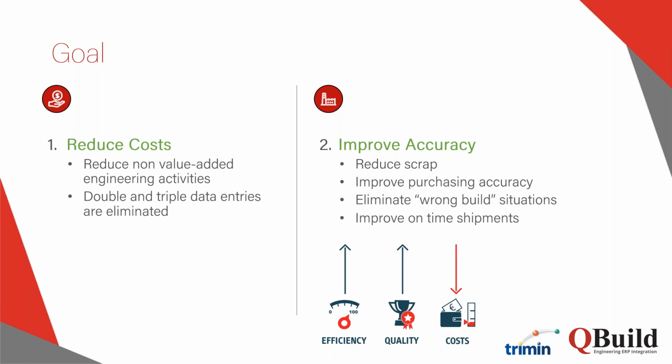You'll also see a huge improvement in your data accuracy overall, just due to the automation of the process and the lack of human involvement, or removing that human aspect from it, which can lead to reduction in scrap, improvement in purchasing accuracy, and elimination of wrong build situations, and also improvement on on-time shipments by lowering those lead times.